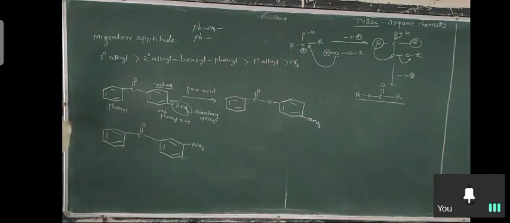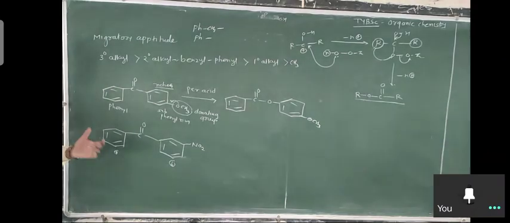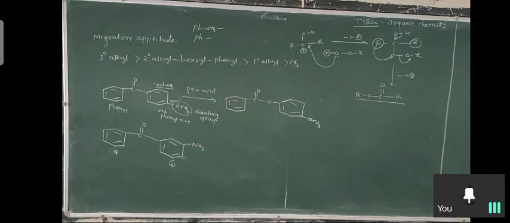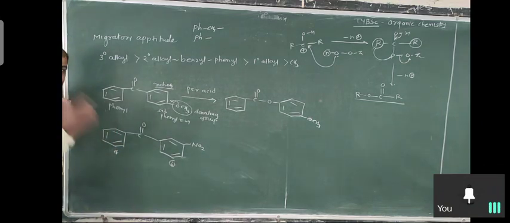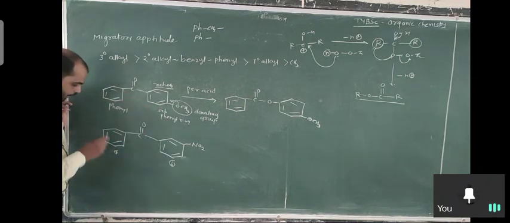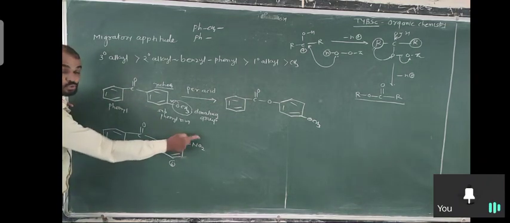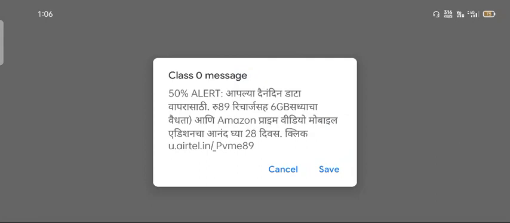In that case, this is A, this is B. Is ring A more migrated or ring B more migrated? In these two rings, migratory aptitude depends on richness, because a rich species easily migrates over onto the other. Here there is no substituent, but here an NO2 group is present at the meta position, and the NO2 group is an electron withdrawing group.